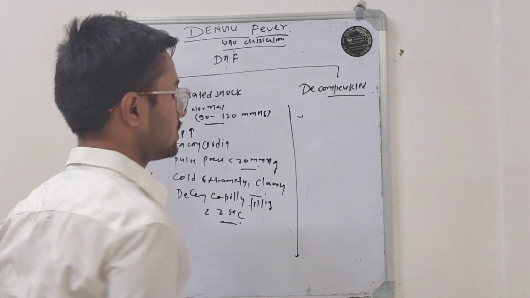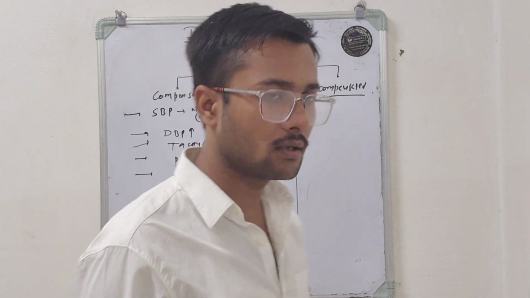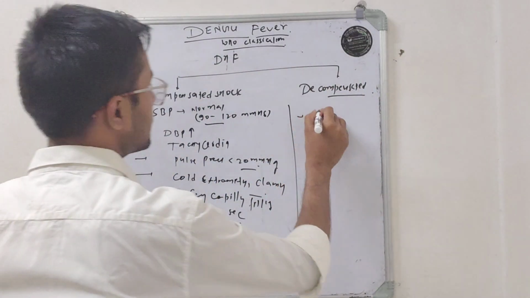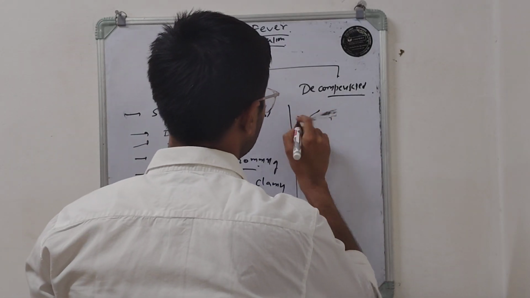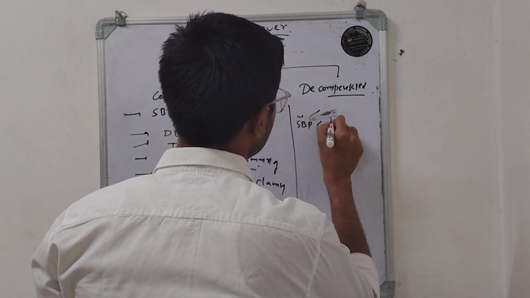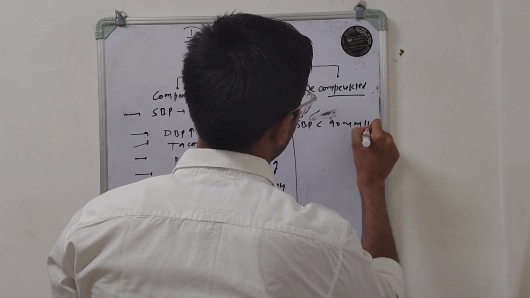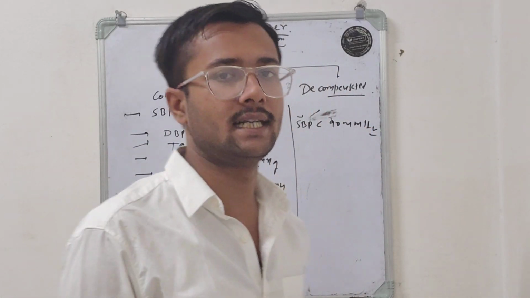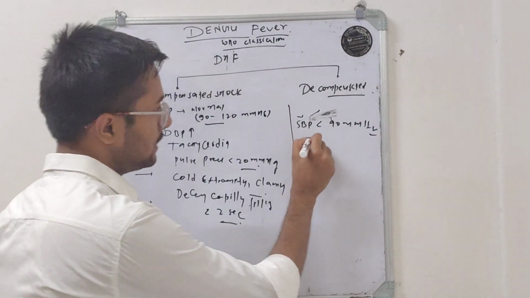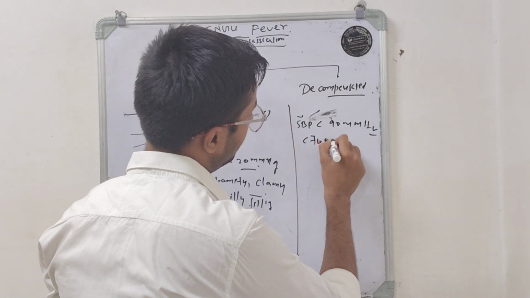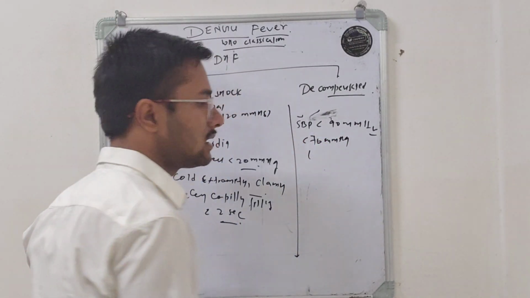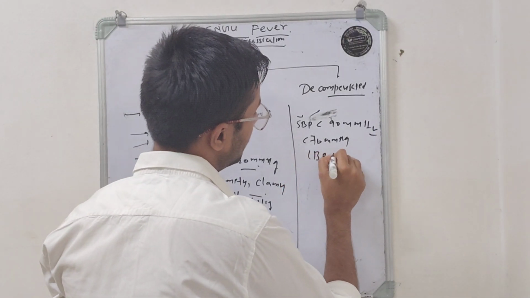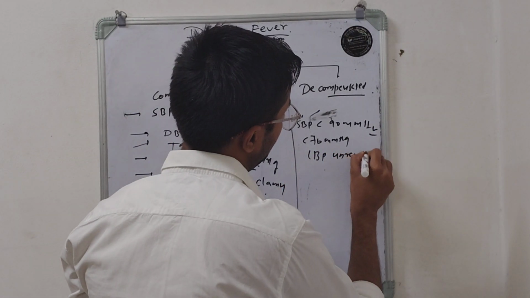In the decompensated condition, the first thing is that systolic BP is less than 90 mmHg. Or sometimes its value falls beyond 70 mmHg, and in that condition the BP is unrecordable.